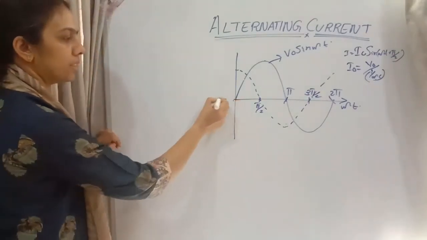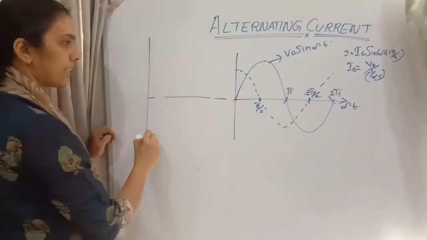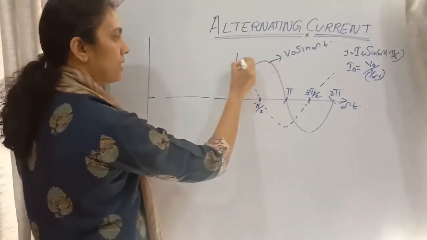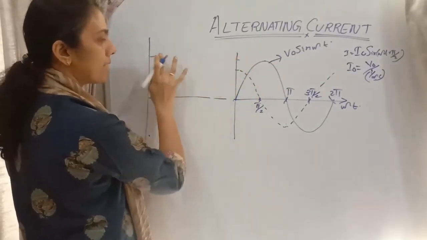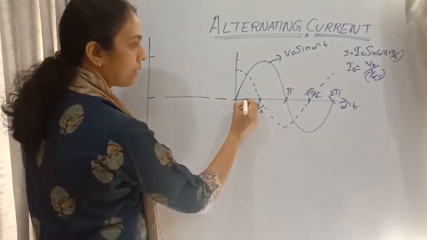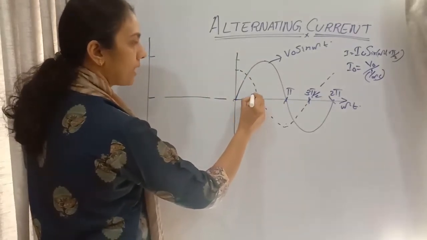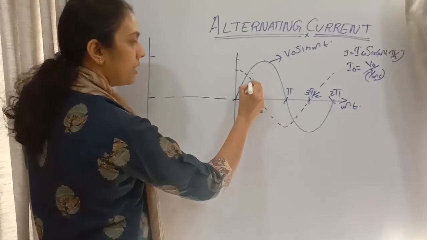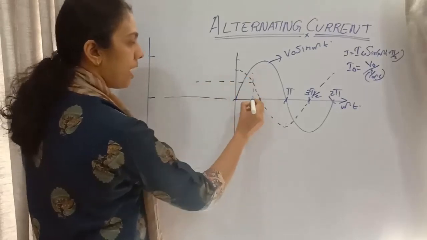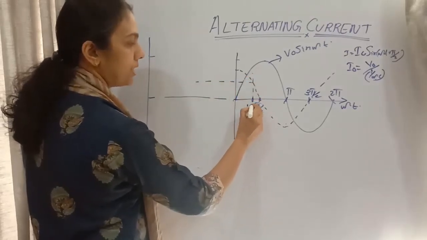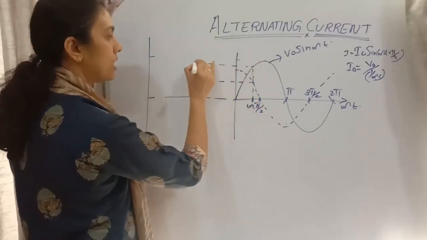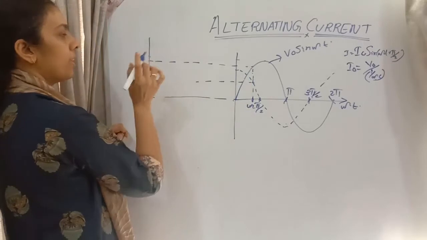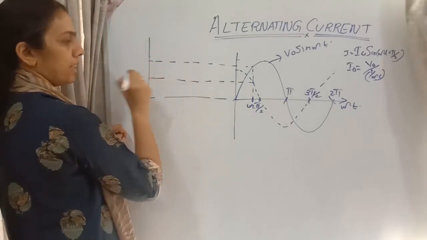Now turning to the phasor diagram, the vector diagram, this is the maximum value of voltage, and in between I am considering a point omega t. At this particular point omega t, this is the voltage value and this is the current value.